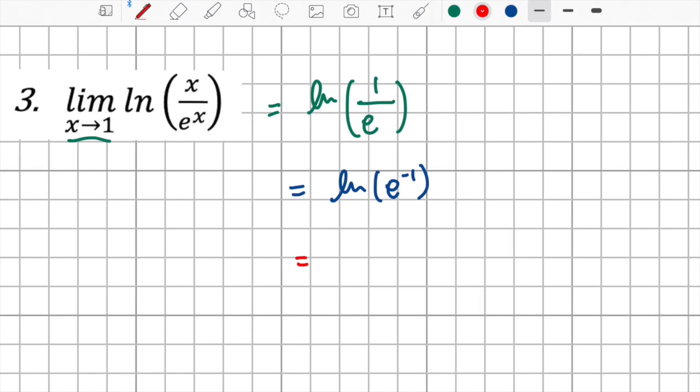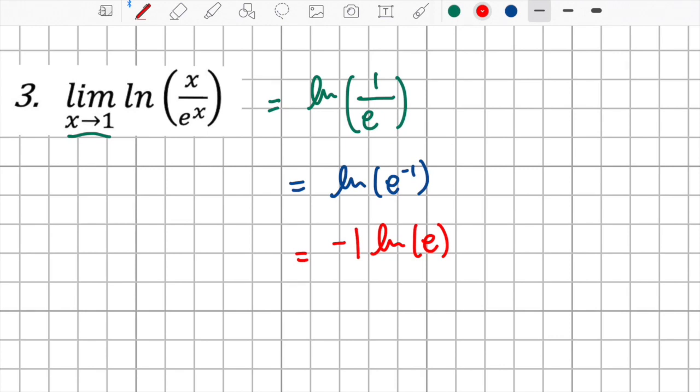And that exponent, we can write in the front because that's one of the properties of logarithms. So it'll be negative 1 natural log of e. Remember that whatever number is in front of the logarithm, you're going to multiply by the result. So natural log of e is something that we need to know, and natural log of e is 1. So that means that our answer is going to be negative 1 times 1.